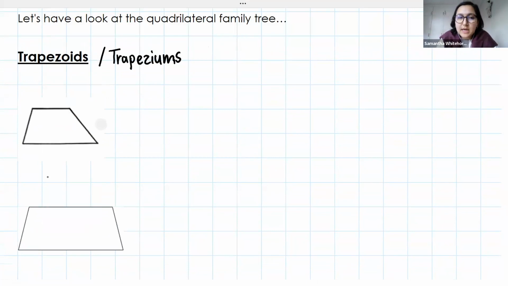So in the chat, can anyone give me a characteristic that all trapezoids or all trapeziums have? What is their unique or defining characteristic? Remember, we already know it's a four-sided shape, and we already know that all the interior angles add up to 360.